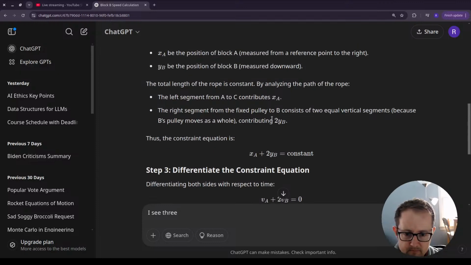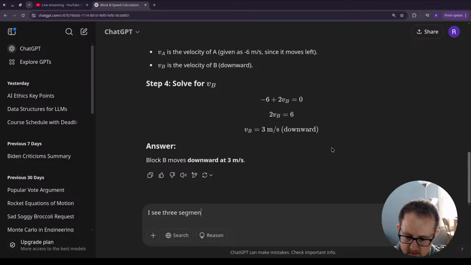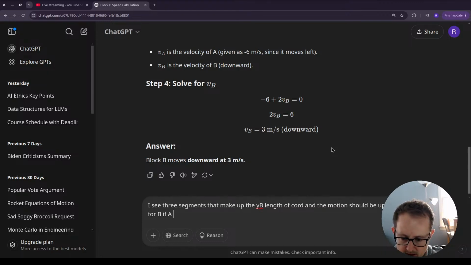So what did it call them? 3 segments that make up the YB length of chord, and the motion should be upwards for B if A is moving left.